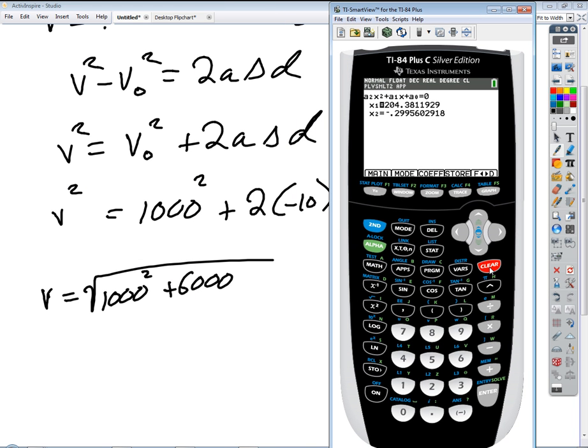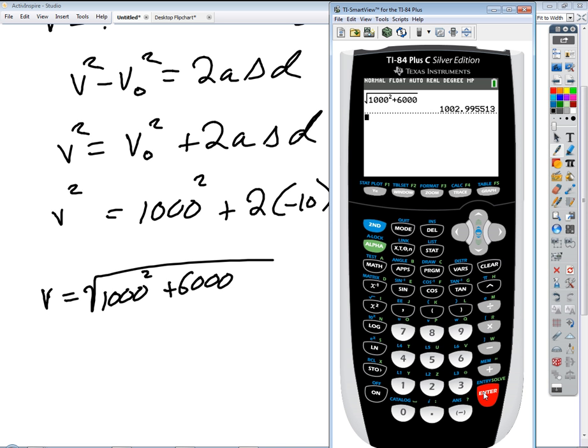Let's see, I gotta get out of here, don't I? So main, quit. I go square root, 1,000 squared plus 6,000. And I get an answer of about 1,003, let's just say. What if I took it to 3? So about 1,003 meters per second.